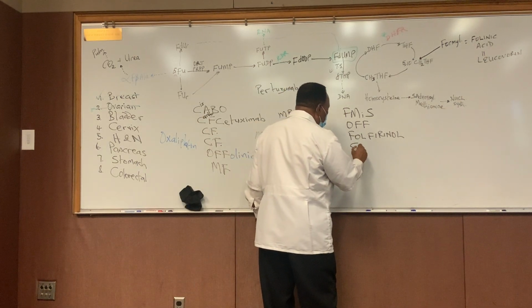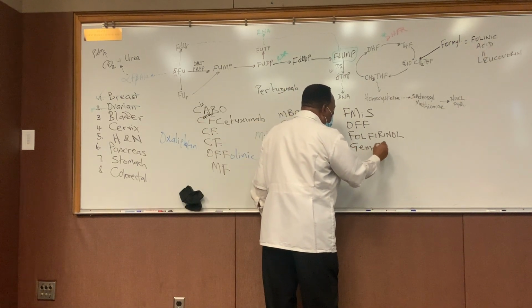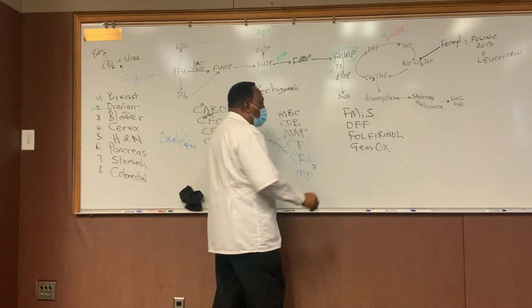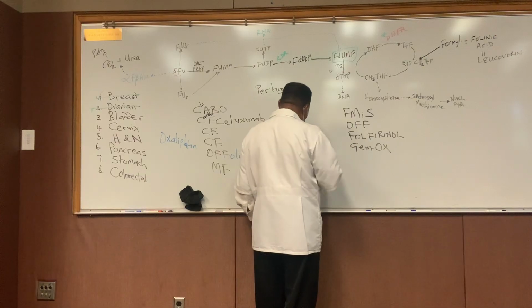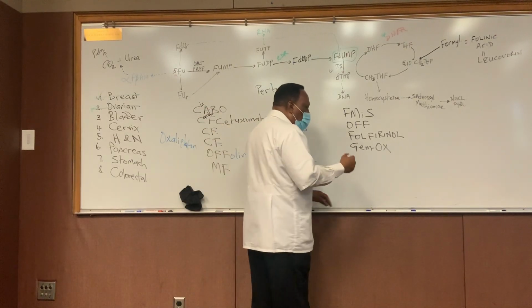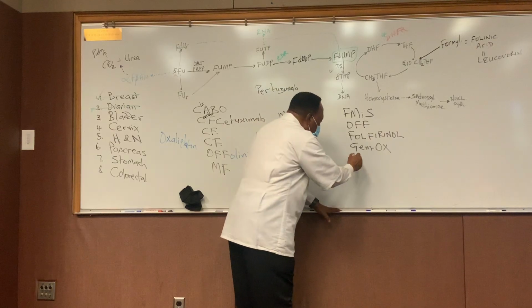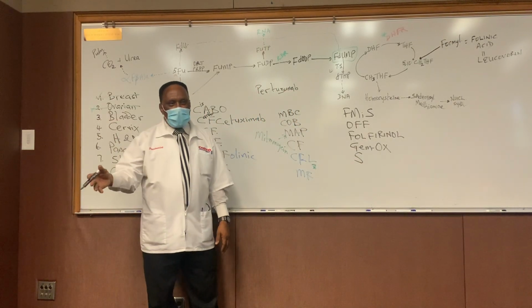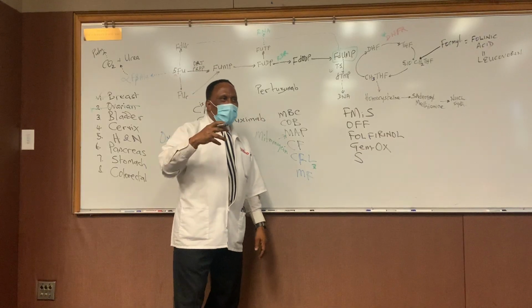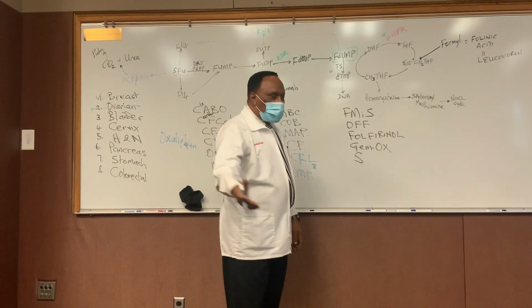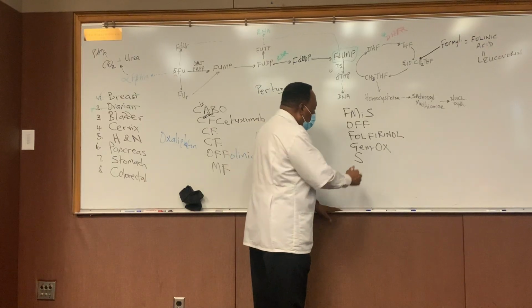GEMOX. GEMOX is also used for pancreatic cancer. And whenever you say pancreatic, you always want to mention streptozotocin, one of your alkylating agents, one of your nitrosoureas, okay, streptozotocin.